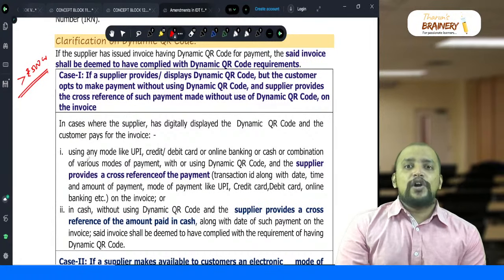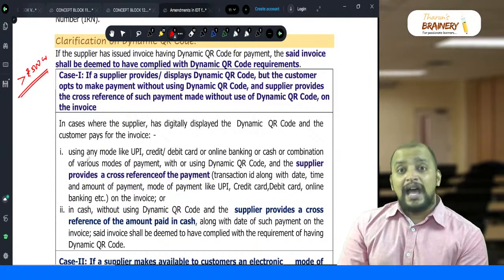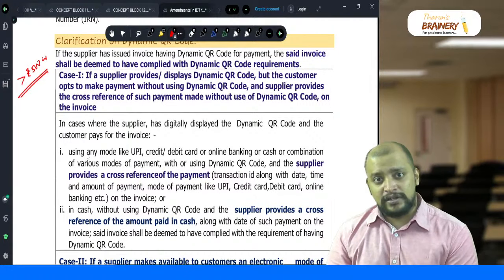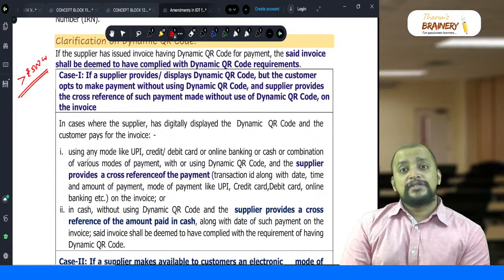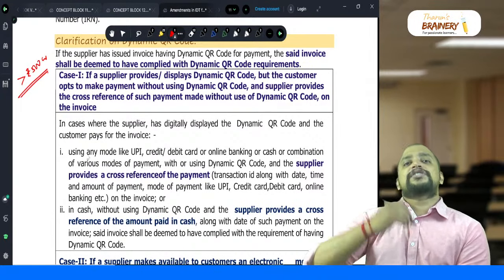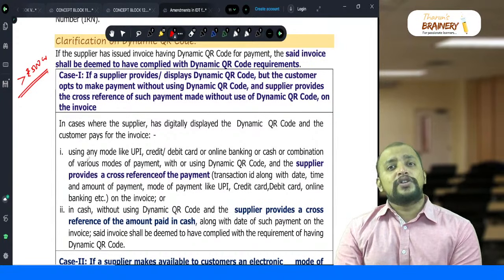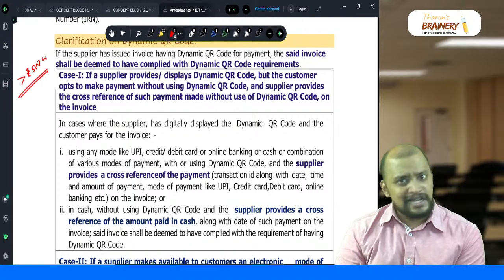For example, I want to purchase a mobile phone from Amazon. And Amazon itself is selling. The seller here is Amazon, not some other person. So the seller is Amazon, the e-commerce operator also Amazon. Okay. Now Amazon's turnover during any previous year exceeds 500 crores. Yes.